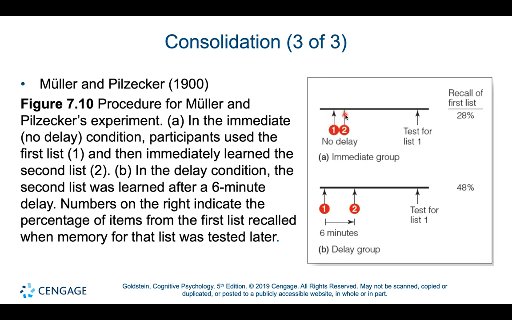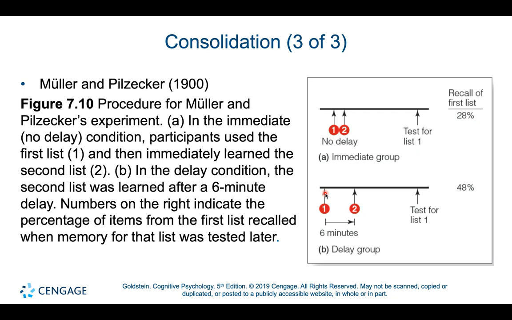And then you immediately get a second list of 30 words. So 30 words, and then boom, right away, here's another list of 30 words. Okay, then we wait some amount of time. We have a delay of maybe 30 minutes or an hour. And then we test for list one, the original list. Performance is terrible. It's really bad. You only remember 28% of those words.